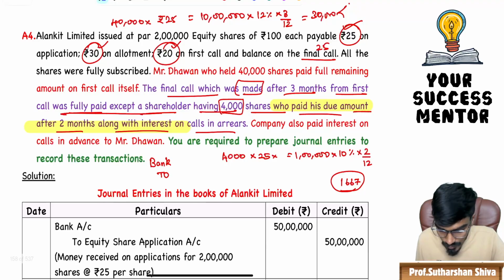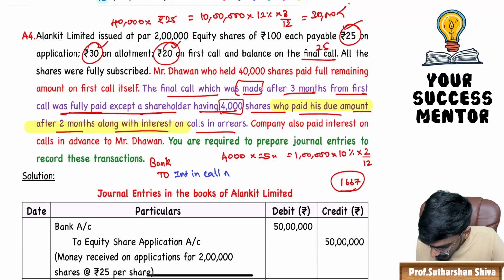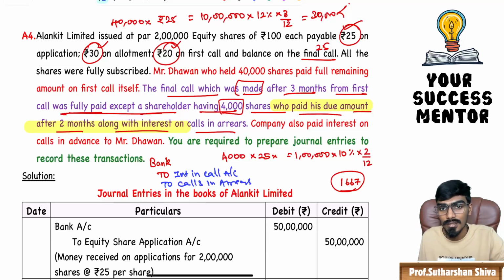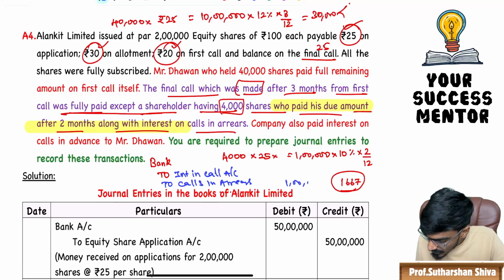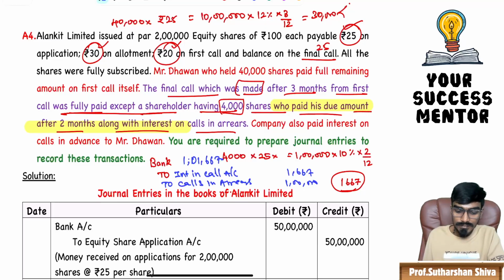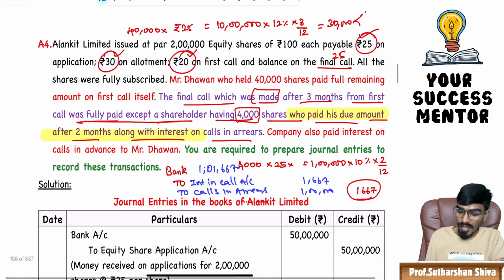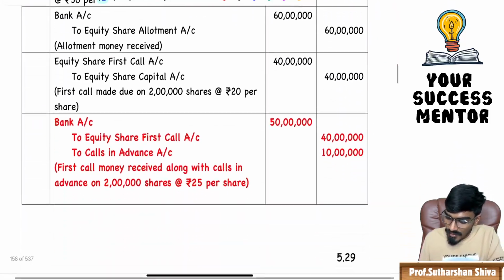Okay, interest on calls in arrear, and then calls in arrear. That entry we need to reverse, to the extent of 1 lakh, 1,667, then 1 lakh, 1,667. Correct? Yes, sir.